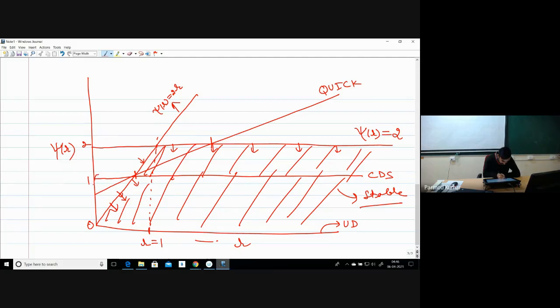So this is the reason central difference and QUICK schemes are actually unstable. And if you plot your LUD scheme, linear upwind differencing, that will show an unstable solution beyond this point. Is this point clear?